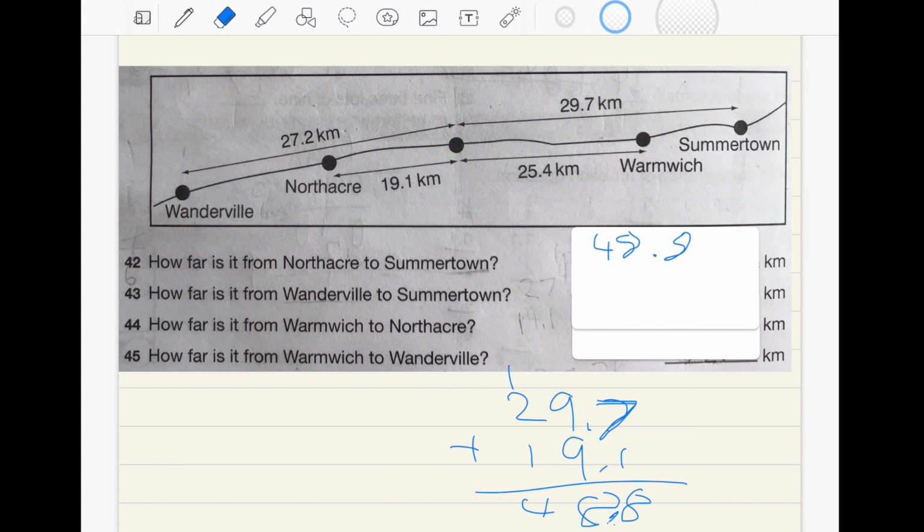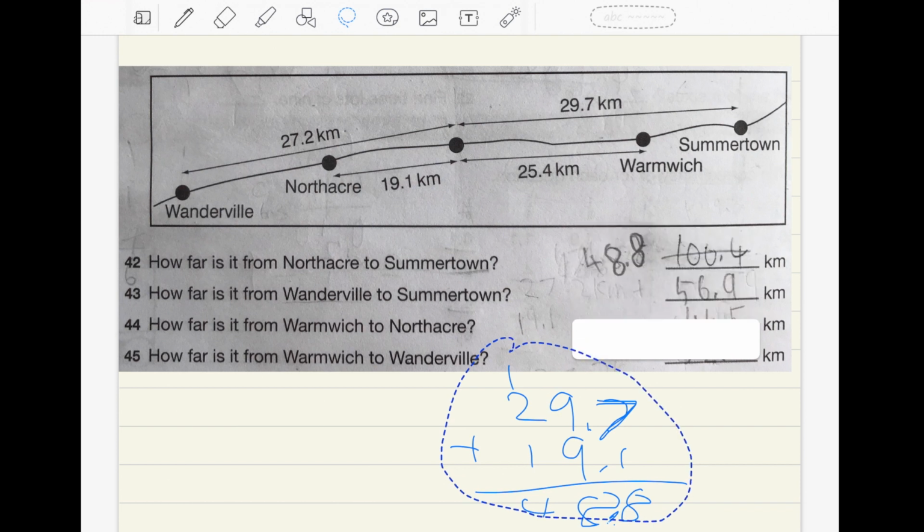Then we need to add 27.2 km and 29.7 km because these two numbers go to Summertown. This arrow points to this dot, and this arrow points to the dot too, and it goes to Summertown. So let's think of it as a whole line going to Summertown.